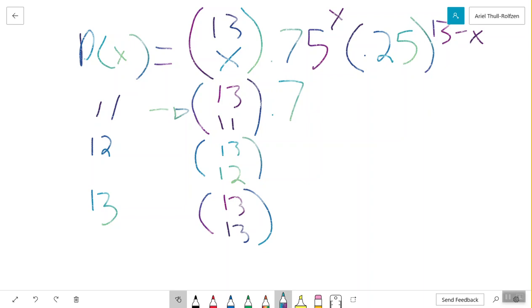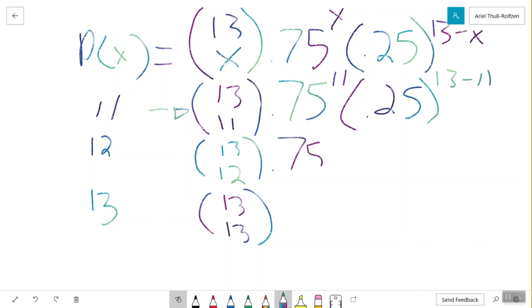So here I'm just going to take that 0.75 to the power of 11 times 0.25 to the power of 13 minus 11. I'm going to do that 0.75 to the power of 12 times 0.25 to the power of 13 minus 12.